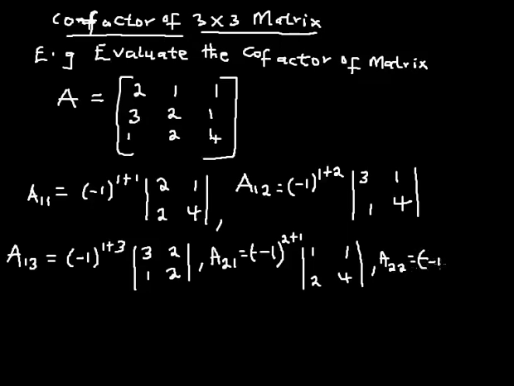That's minus 1 raised to the power of 2 plus 2. Then of course the matrix, cross this, so I have 2, 1, 1, 4. Okay, so let's get to the next, a23, minus 1.